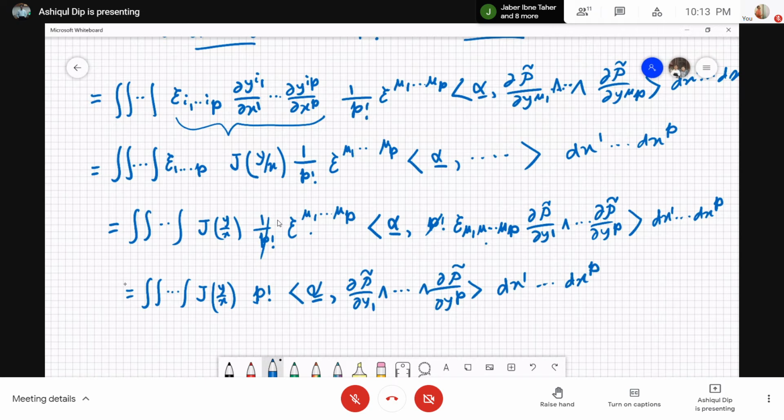So yes, this is my integral when I consider that integrand in a new coordinate system. As you can see, we have our Jacobian over there.